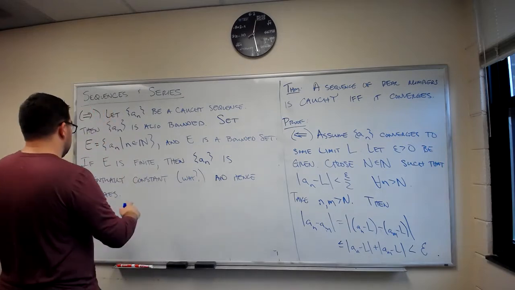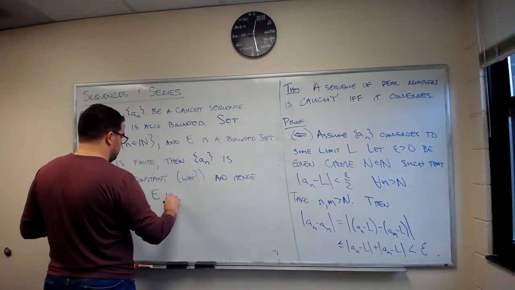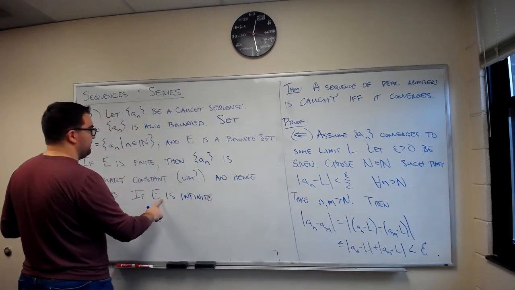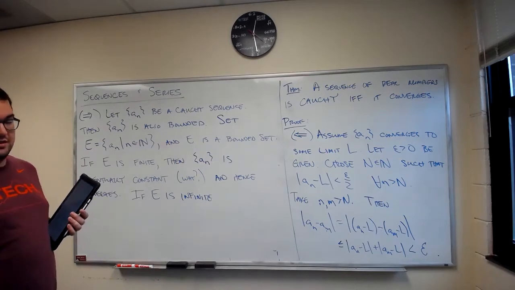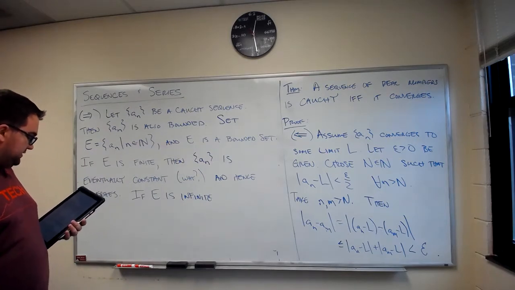Okay. The slightly harder case, so if E is infinite, well, now let's see, if E is infinite, then I have my set E is infinite and E is also bounded. So we just looked at the Bolzano-Weierstrass theorem, which tells us something about bounded infinite sets.